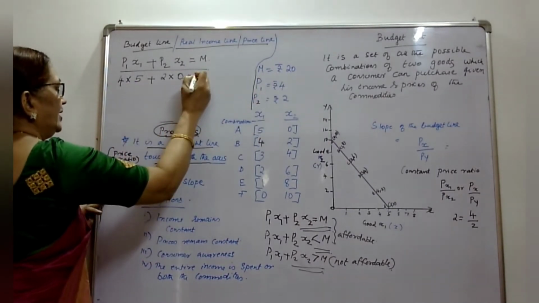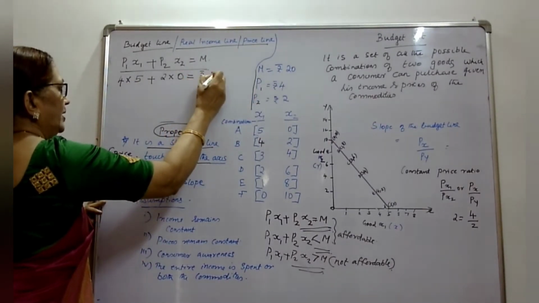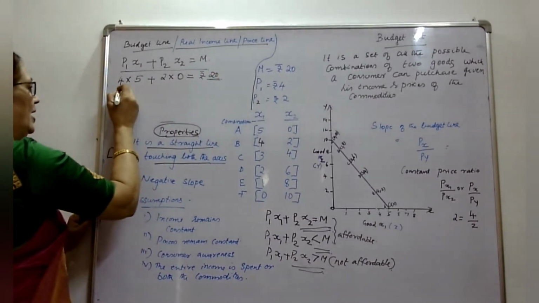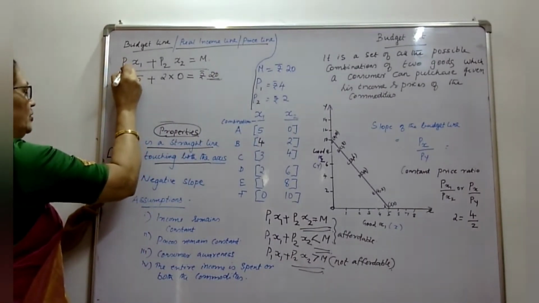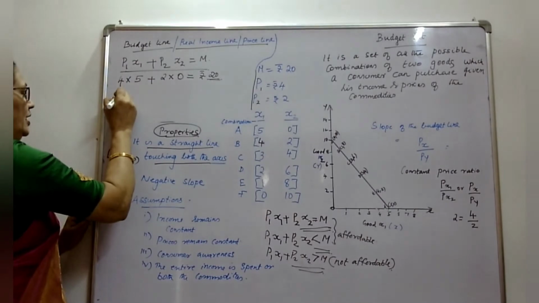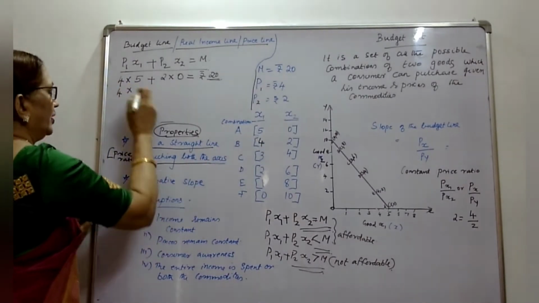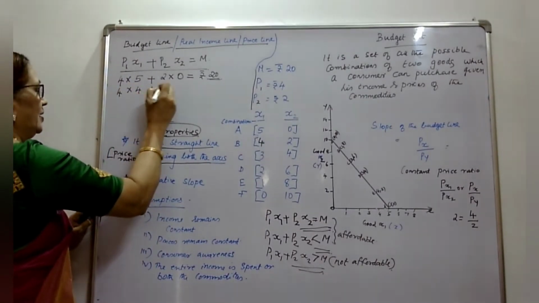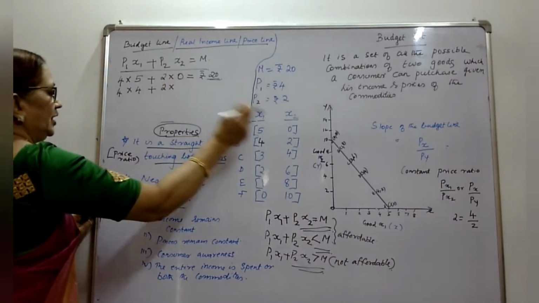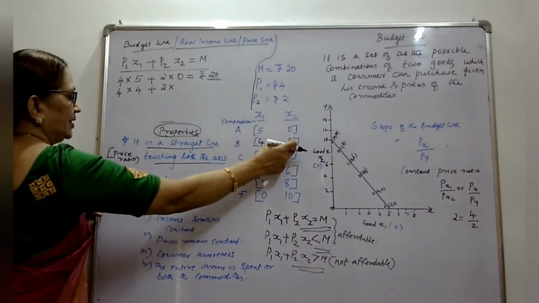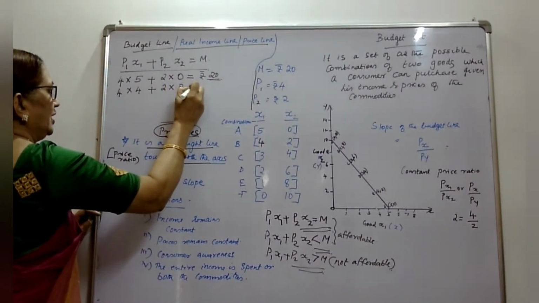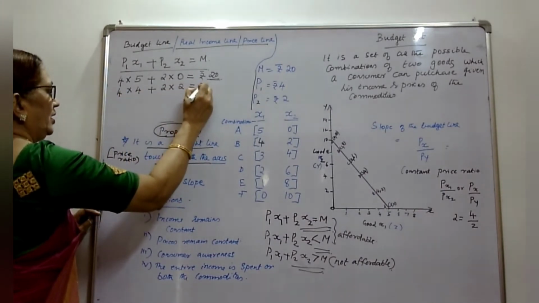So here it is equal to 20 rupees. Next, price P1, 4, into quantity 4, plus price of the second commodity, 2, into the consumption which increases to 2, is equal to 16 plus 4, 20.